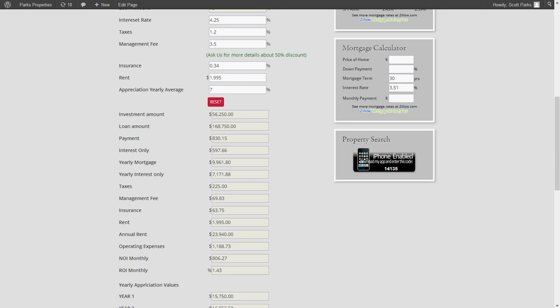The insurance amount is $63.75. You have a gross rental income of $1,995, an annual rental income of $23,940.